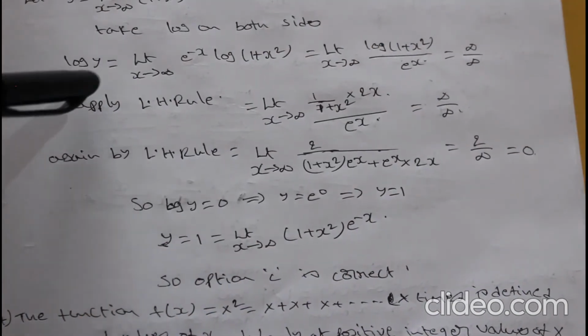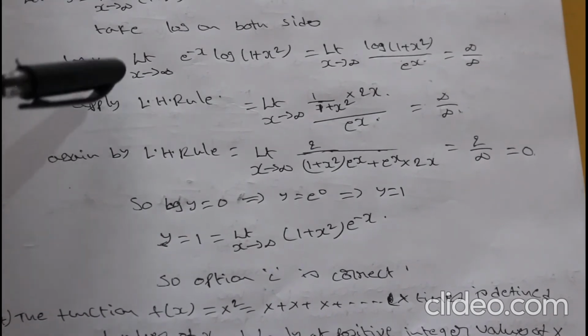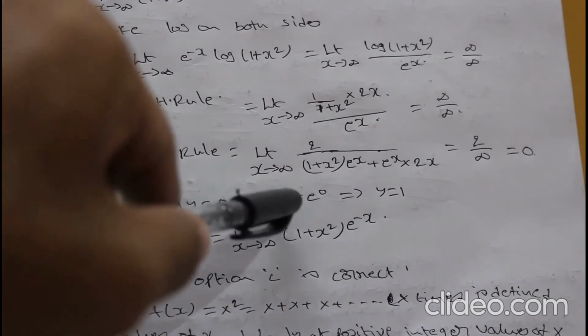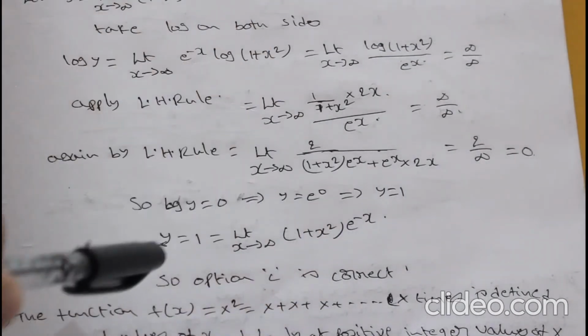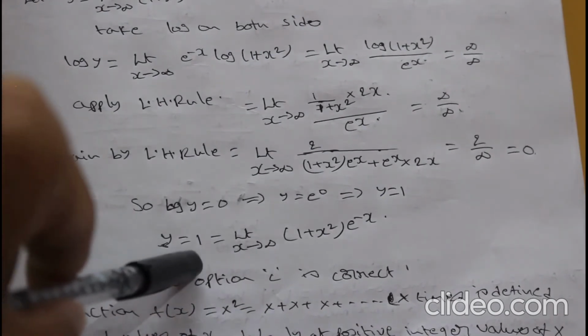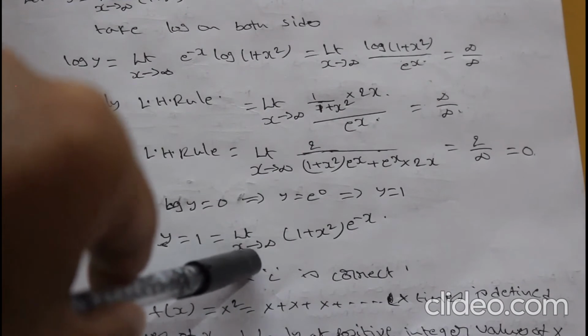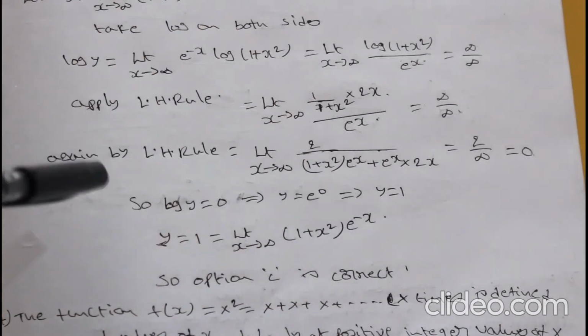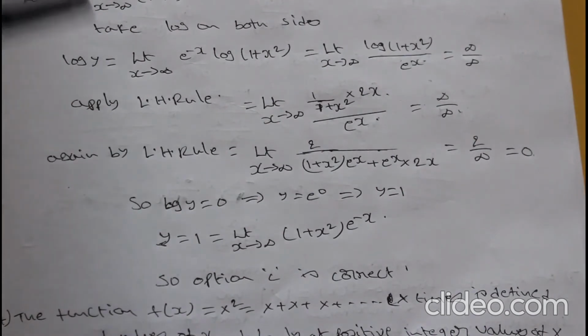Now it is equal to log y, we have taken the log on both sides, so log y is equal to 0, so that means y is equal to e power 0, so y is equal to 1. So y is nothing but limit x tends to infinity 1 plus x square e power minus x. So y is equal to 1 is equal to the given limit function, limit x tends to infinity 1 plus x square e power minus x. So option C is correct.